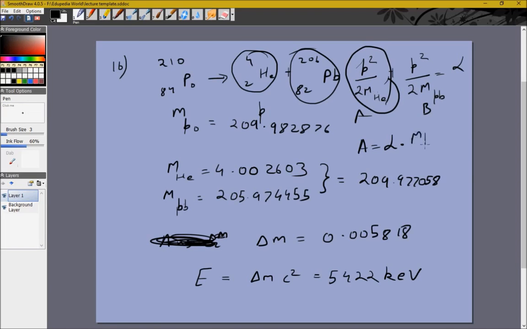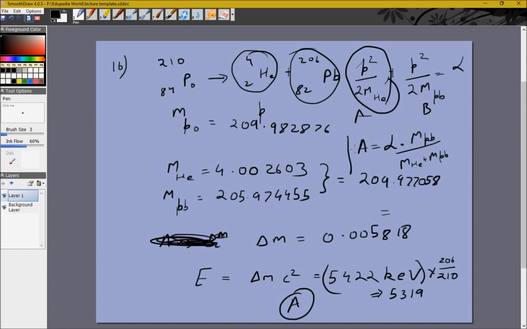So this will be m_Pb by m_He plus m_Pb, which is equal to whatever this energy is into the mass of Pb by the sum, 206 by 210, which gives us exactly 5319, which is option A.